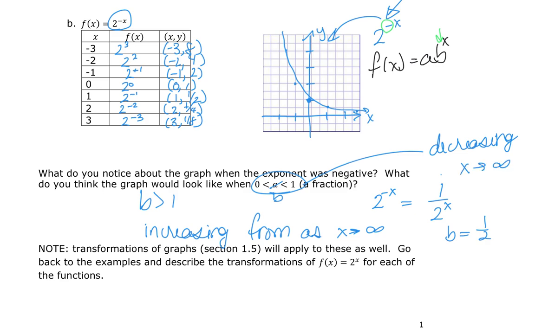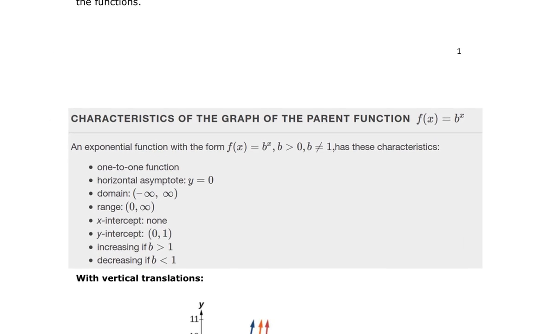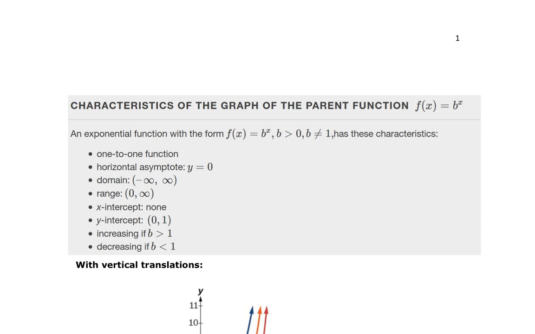Okay, so the transformations of graphs that we know from 1.5 still hold true. And so some of the things that we know about the parent function, when I just have b to the x, I don't have an a as a coefficient. First of all, it's 1-to-1, which means it will have an inverse. There is a horizontal asymptote at y equals 0. The domain is everything. The range is 0, not included, up to infinity.